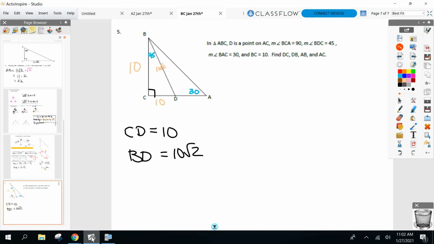BC is 10. Now, would I consider that the shorter or the longer leg? The shorter leg because CD is a part of the other leg. Okay, and it's across from the 30, right? So anything across from the 30 is always the shorter leg. All right, so if that's the shorter leg, what would be the longer leg in that diagram?